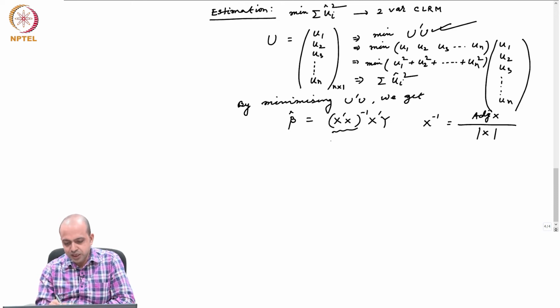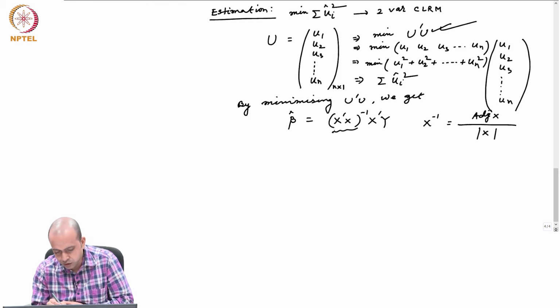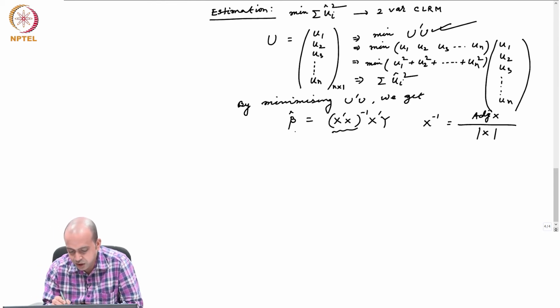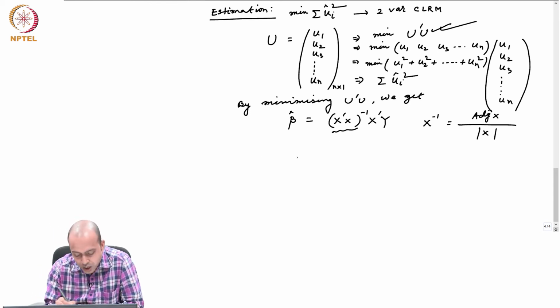If you estimate your beta hat in this way, then at one go we will get beta 0 hat, beta 1 hat, beta 2 hat dot dot dot beta k hat.